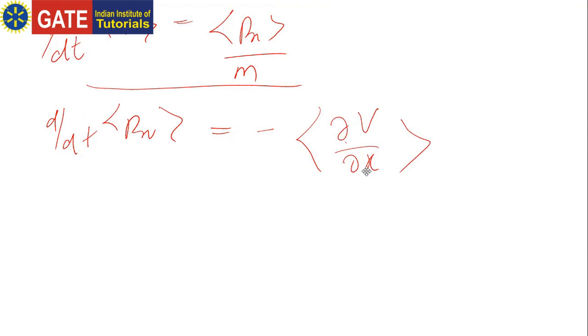Kx. Yes. Minus kx, equal to minus k expectation x. This is our d by dt of expectation px.